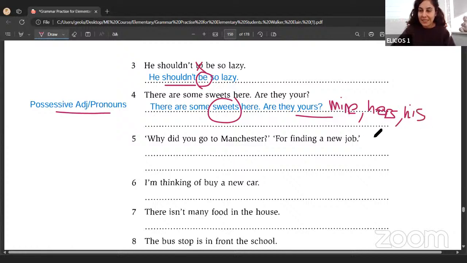It's theirs. And it's ours. So possessive pronouns, because we're not starting the sentence with a subject. We don't want to say I, you, he, she, it, we, they. We want to show who this object belongs to. So: are they yours?